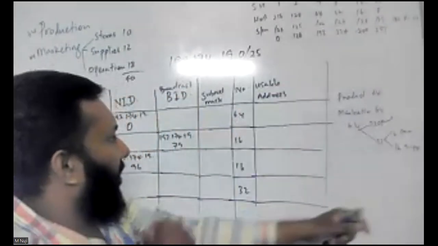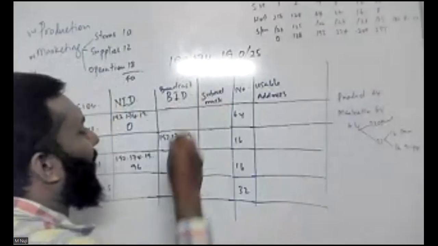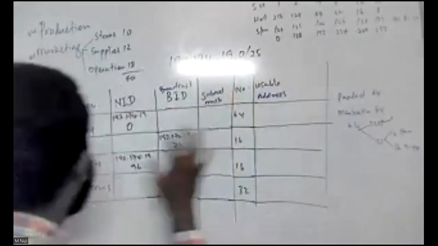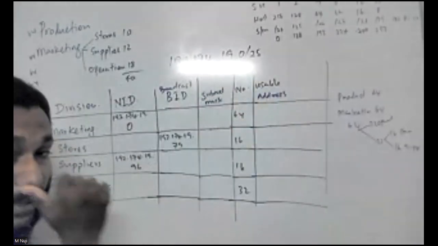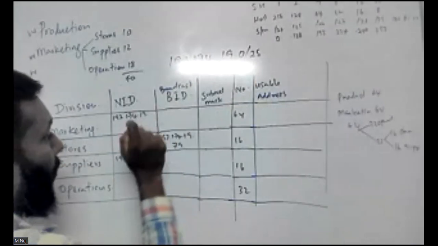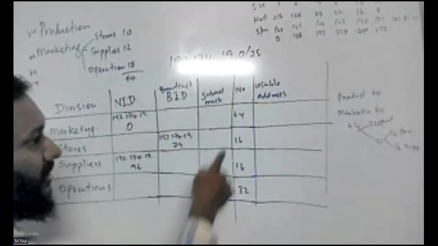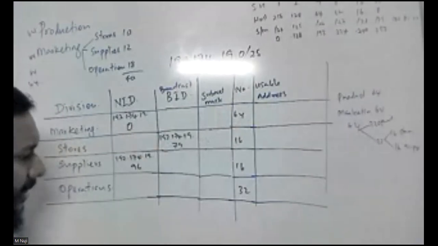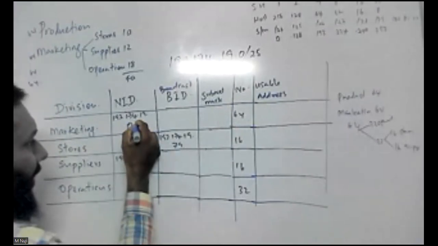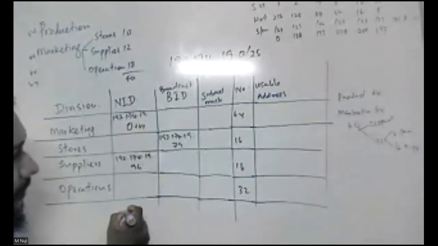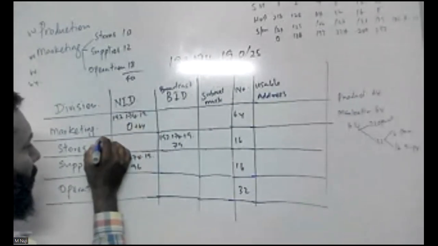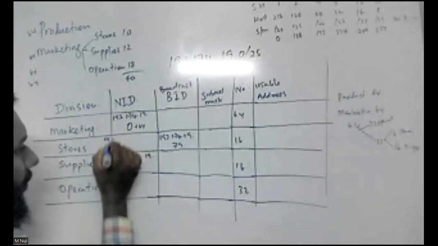Okay, let's fill this network table. The broadcast means your last ID. I already told you that you just add the 64 with this, so the 64 should come here.